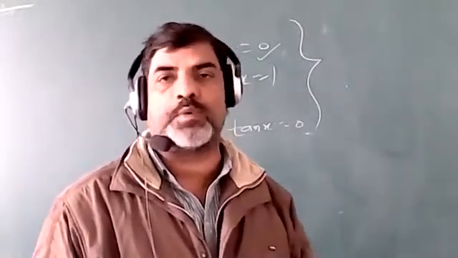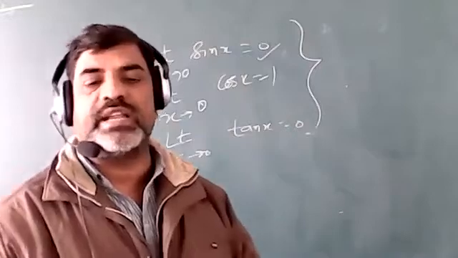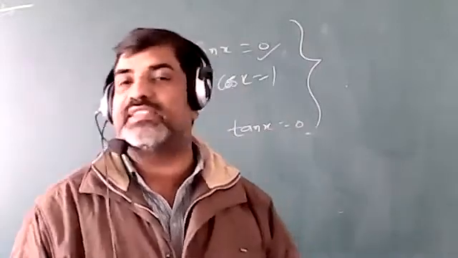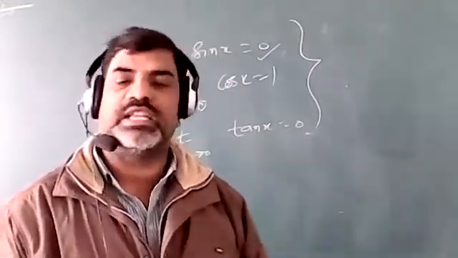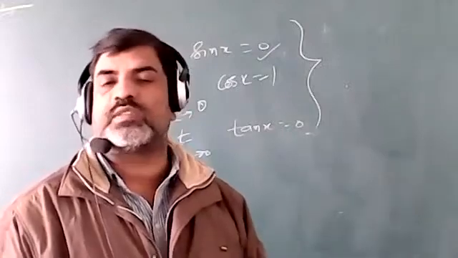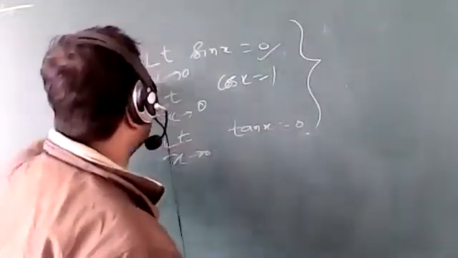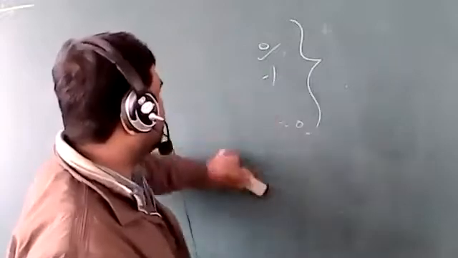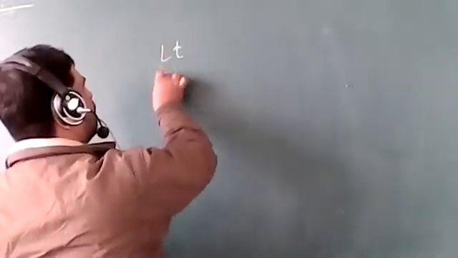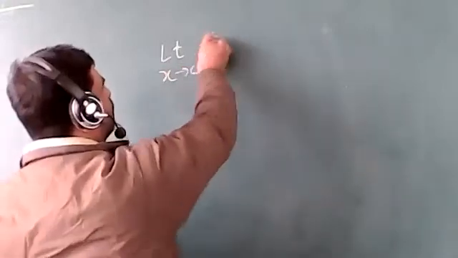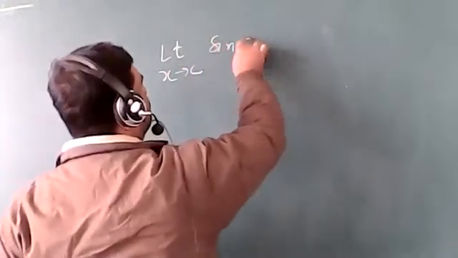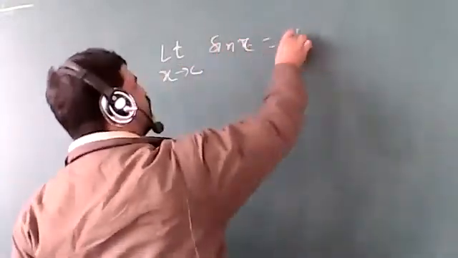So these three are important results. Then limit x tending to c of sin x becomes sin c. Limit x tending to c of cos x becomes cos c, and tan x becomes tan c. If instead of tending to 0 we write limit x tending to c, sin x becomes sin c.